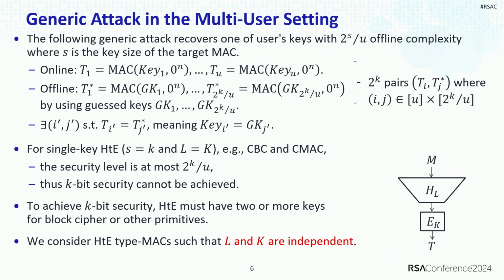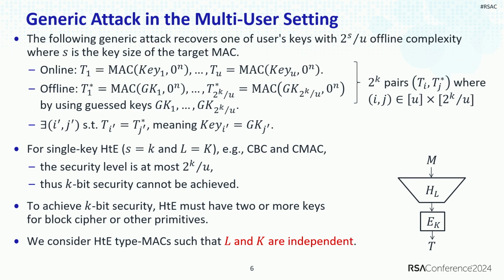Regarding the upper bound of the security level of MAC, there is a generic attack that recovers one of the users' keys with 2 to the S over U query complexity. S is the key size of the target MAC algorithm and U is the number of users. In this attack, first the adversary makes online queries to each user with the zero string message. In the online phase, the adversary can obtain U MAC tags, one from each user.